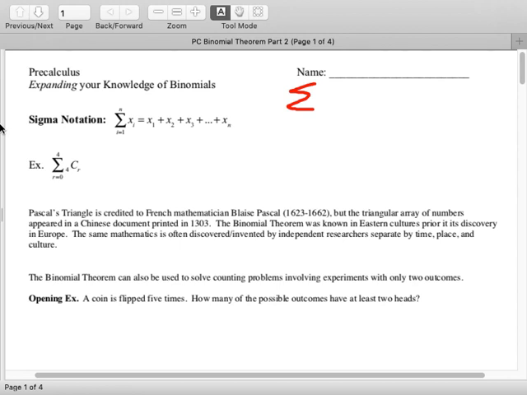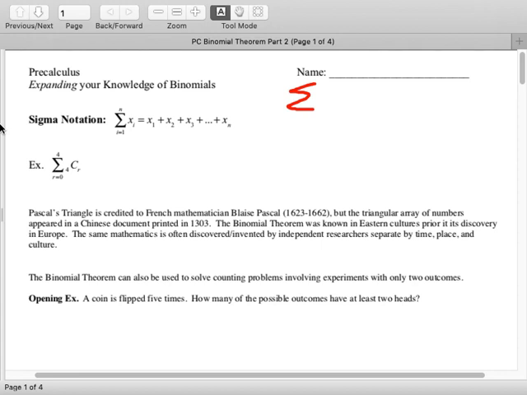It does not have to start at 1. It can start at 0, it can start at 4, it can start anywhere you want. But if I have the sum where i runs from 1 to n of x sub i, that's x sub 1, because I put the 1 in, plus x sub 2 plus x sub 3, up to x sub n.